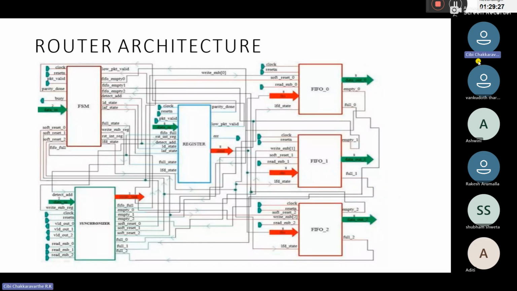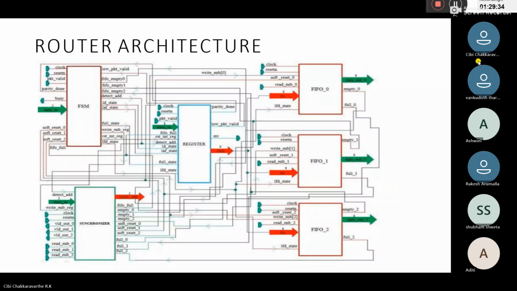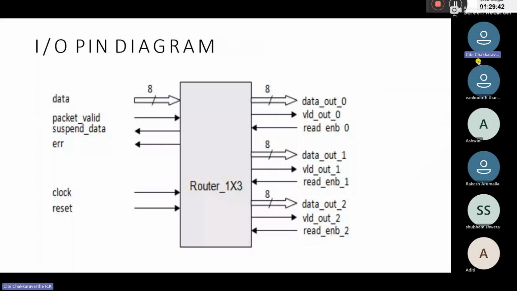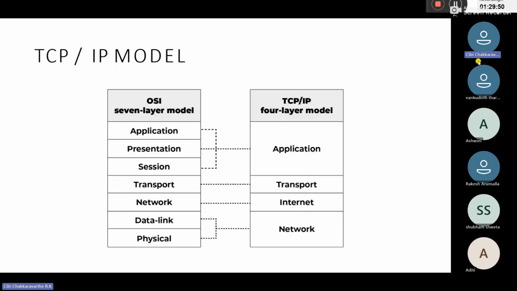Is there any other doubt? Today, when we take this FSM, the router FSM, we will refer to this architecture once again. But see this four pin diagram. Are there any doubts in this? If you have any doubts, we can clear them here itself and then see the design.